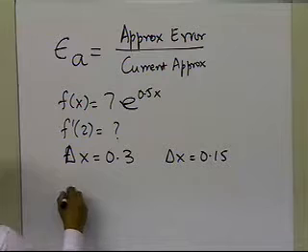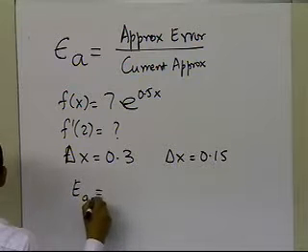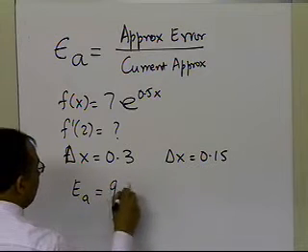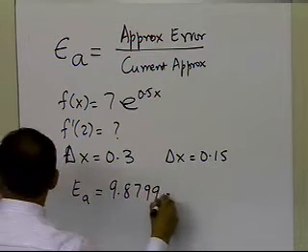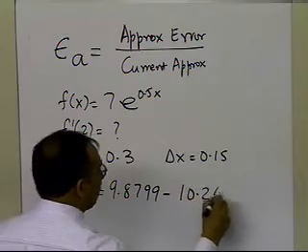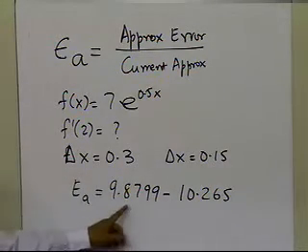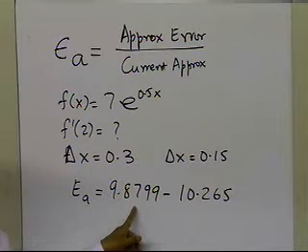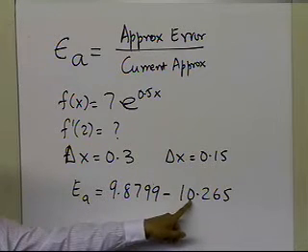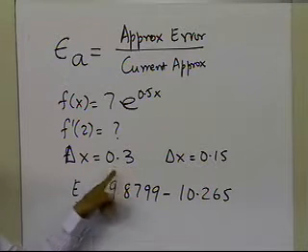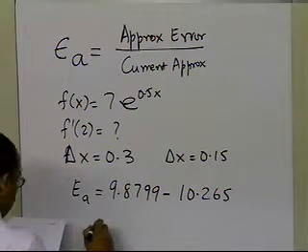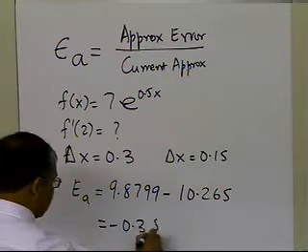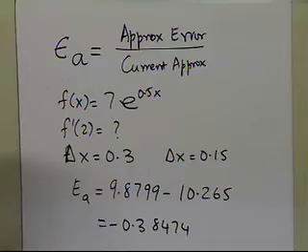What we get as the approximate error is what we have with 0.15, which is 9.8799 minus 10.265. This is the value of the derivative of the function by using delta x equal to 0.15. This is the value we're getting by using delta x equal to 0.3. And this approximate error is turning out to be minus 0.38474.